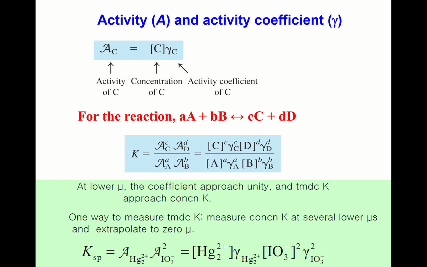So to explain more accurately, we use activity and activity coefficient. From now on, for a while, we use activity instead of molar concentration. The unit is the same, so activity also has a unit of large M, molar. The activity coefficient, gamma, has no unit, it is only a number.